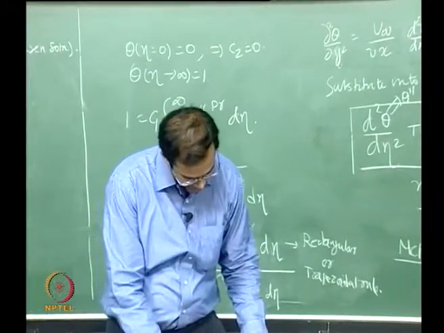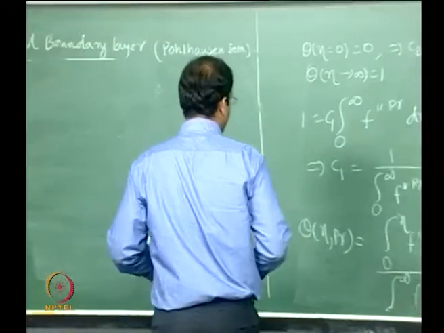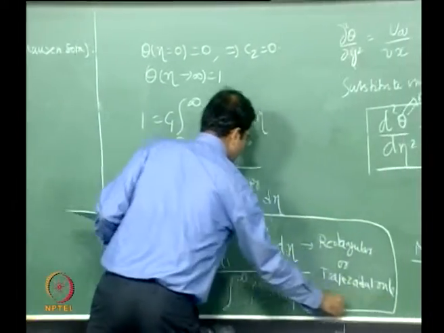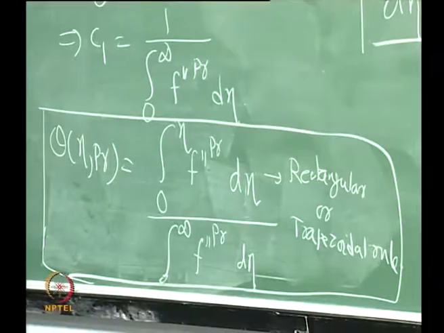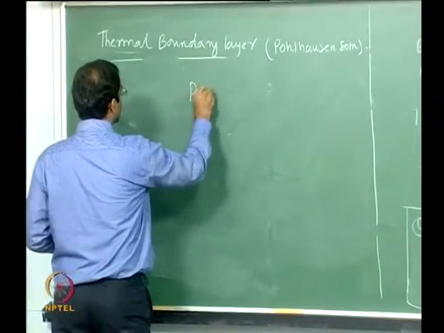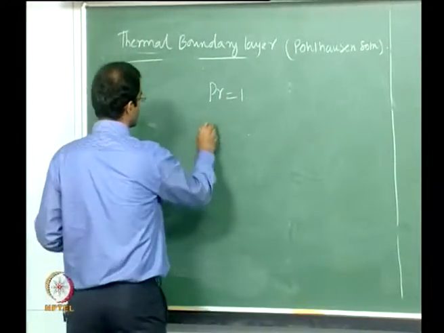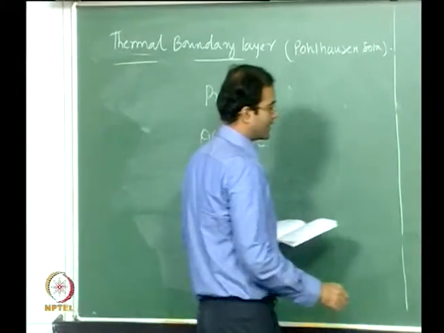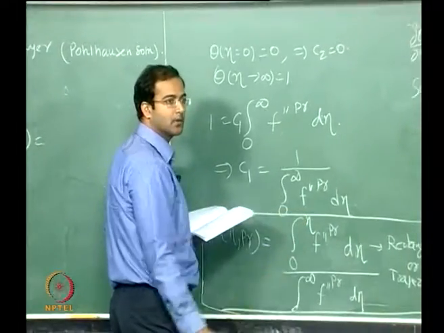Okay, so one more thing with which I will stop today. If you look at this particular solution which we have derived by method 1, for the particular case where Prandtl number is equal to 1, what happens? So this theta, I can directly integrate it out. Now I can do analytical integration if Prandtl number equals 1.